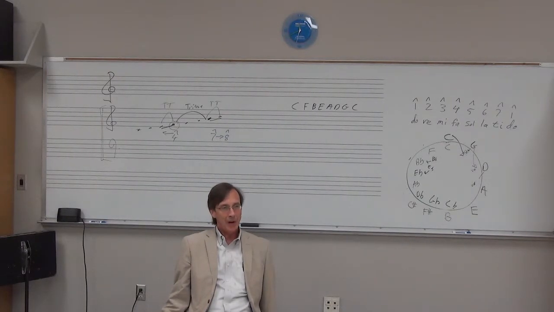Up to C sharp is 4 sharps, and then C sharp to G sharp is 5 sharps, G sharp to D sharp minor is 6 sharps, and D sharp to A sharp is 7 sharps. Is that right? A sharp minor? There's like one piece that has ever been written in A sharp minor, and it's extremely rare.